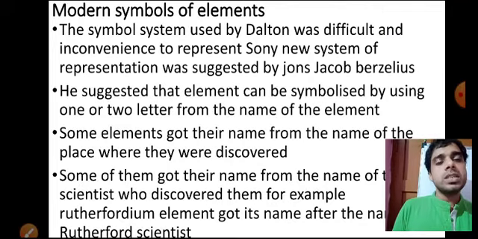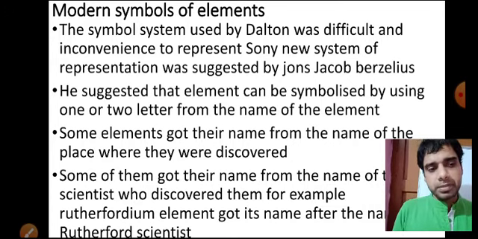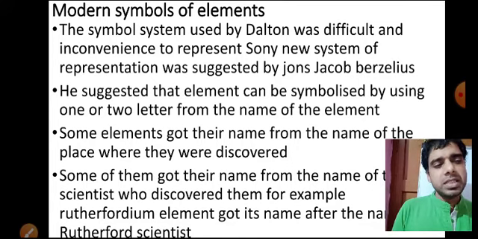Now, modern symbols of elements. Dalton's atomic theory gave some symbols. They were very complicated and inconvenient to learn.